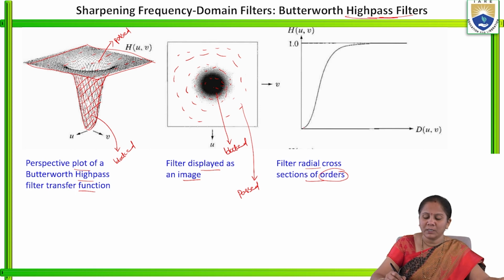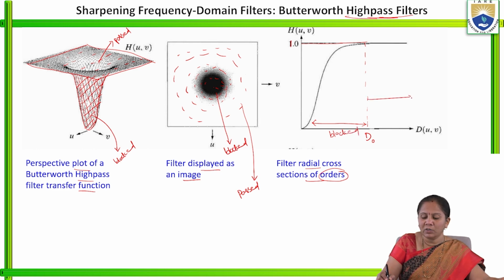Here we can observe this is the transfer function of the high pass filter. Here it is 1. This is considered as D0, the cutoff frequency. All these are the lower frequencies, and they will be blocked.